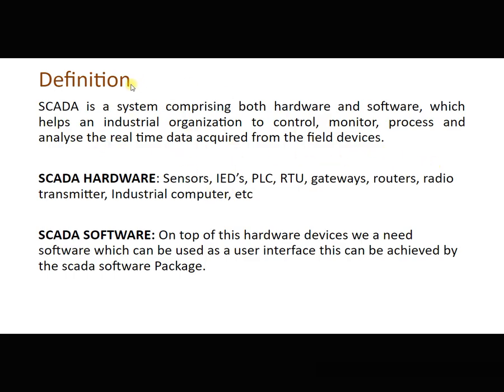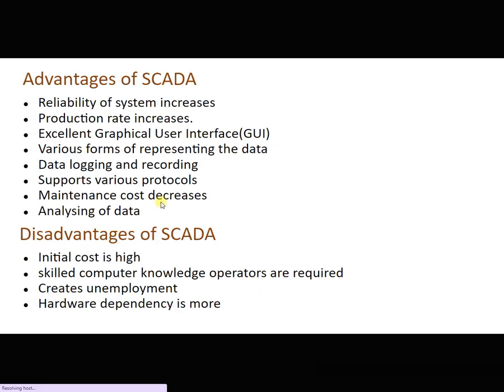It means hardware which has its own software, or software which needs hardware to run, used by industries to control, monitor, process, and analyze real-time data from the field devices. So this is the SCADA definition.